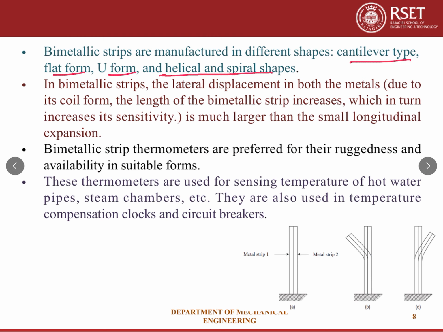That is, the lateral displacement in both the metals is much larger than the small longitudinal expansion. The bimetallic strip thermometers are preferred for their ruggedness and availability in suitable forms, in the form of coil, helical or spiral shape, U-form, or cantilever type.